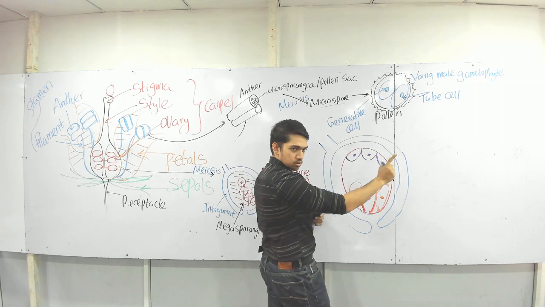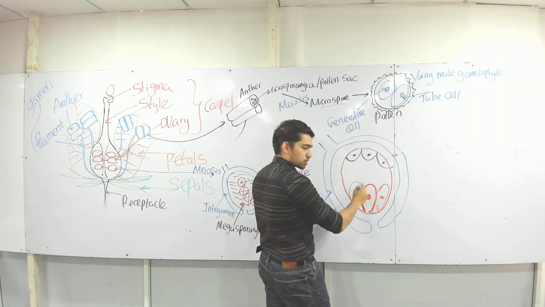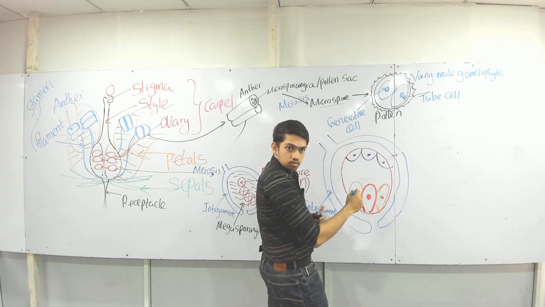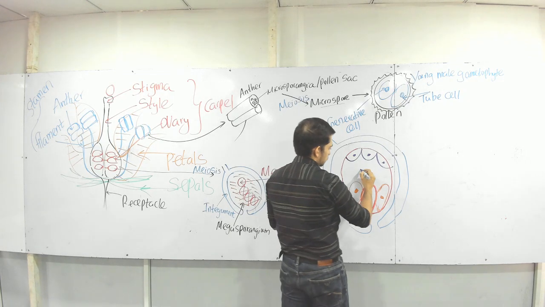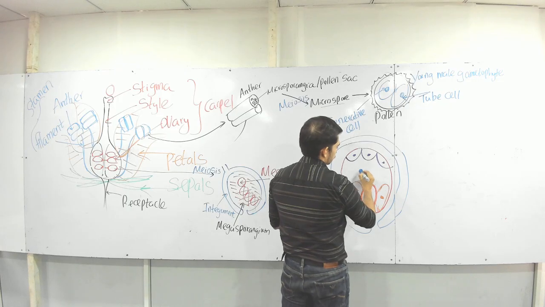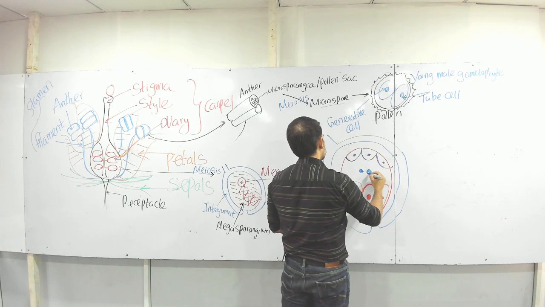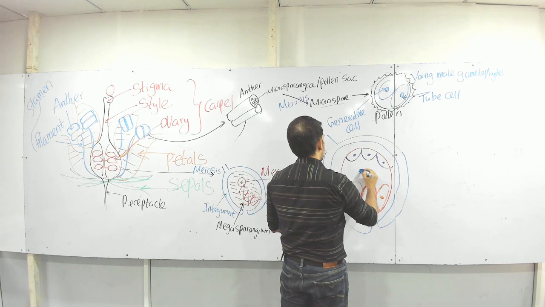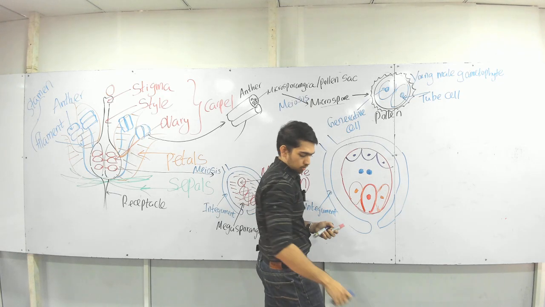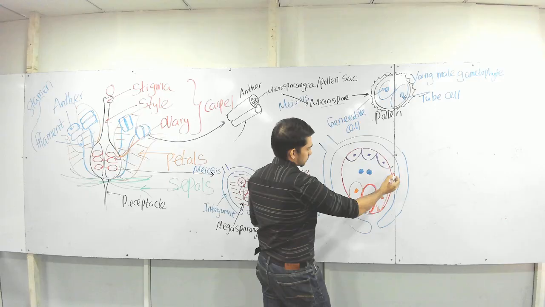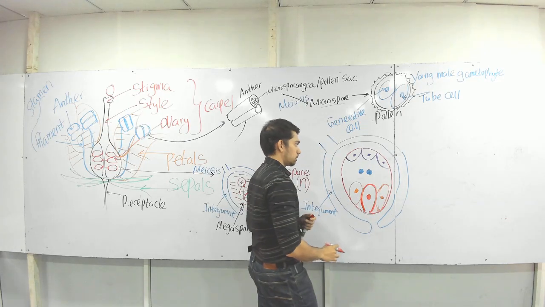Egg cell nucleus 4. Synergid cells 5 6 7 8? At the center, in the central cell, you are going to have 2 nuclei as well. So this red color structure is the female gametophyte.